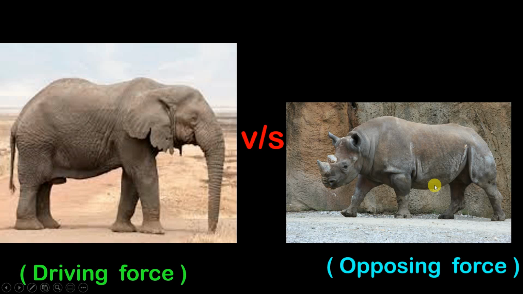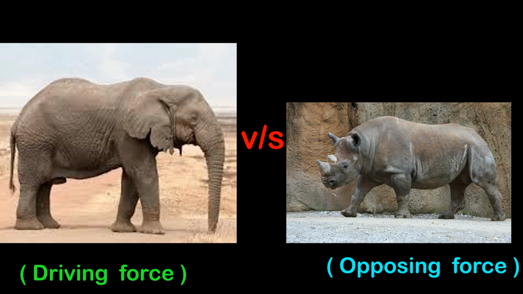If you think logically, compare the opposing force applied by the dog and the opposing force applied by the rhinoceros. Who is going to apply greater opposing force?